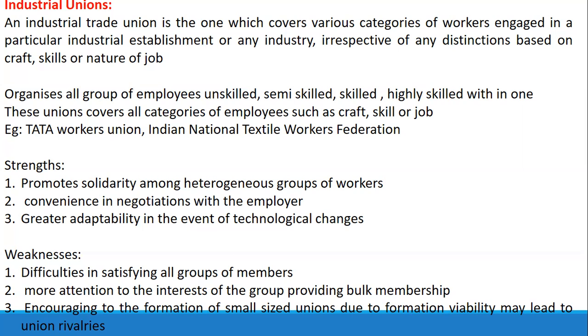Small-sized unions and very big unions may fight for their existence, or fight for power. That may lead to union rivalries, where the basic purpose of the union is lost when unions are fighting for exhibiting their power. But industrial unions are mostly found.